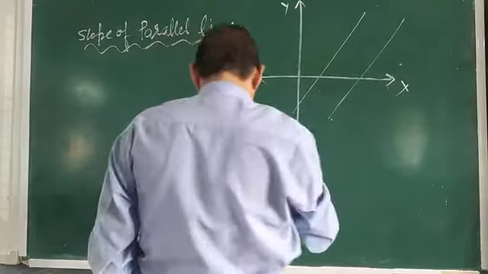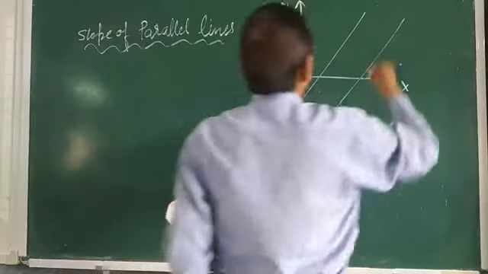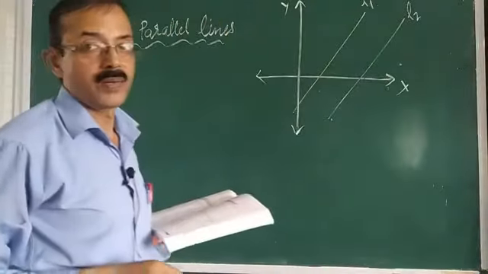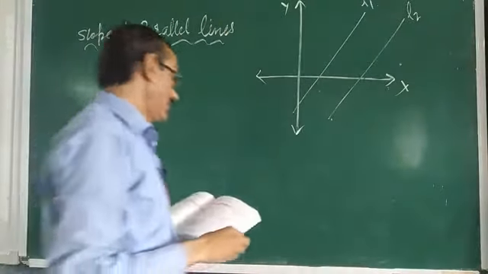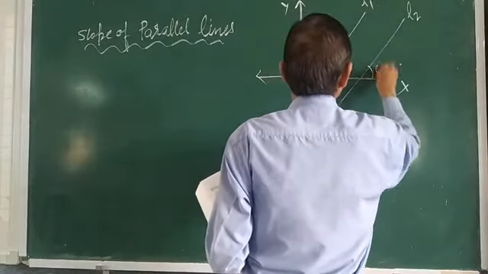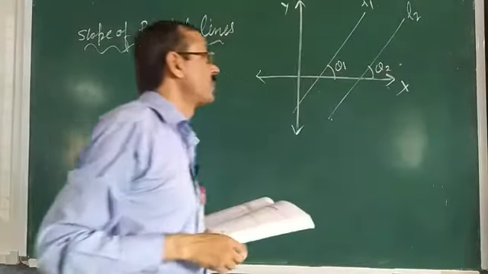Let two lines L1 and L2 be parallel, and the angles of inclination be theta 1, theta 2, suppose. Okay.